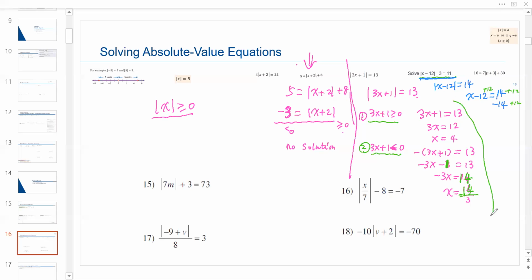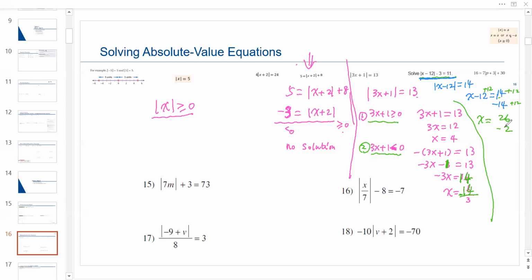You can see the description here: the left part is only x. When this part is positive, it becomes 26. When this part is negative, it becomes negative 2. So we have two solutions. One is 26, one is negative 2. All right, sounds good.